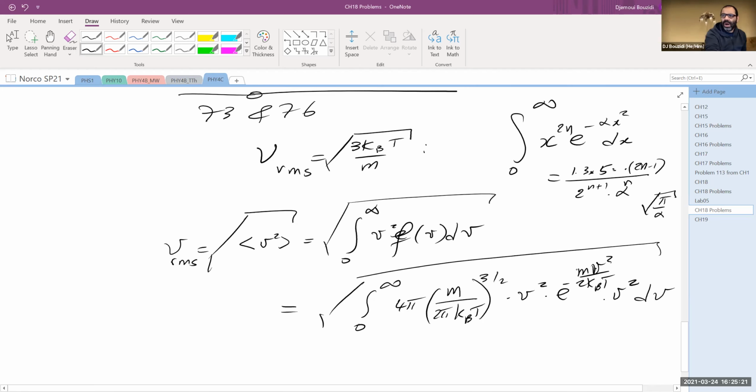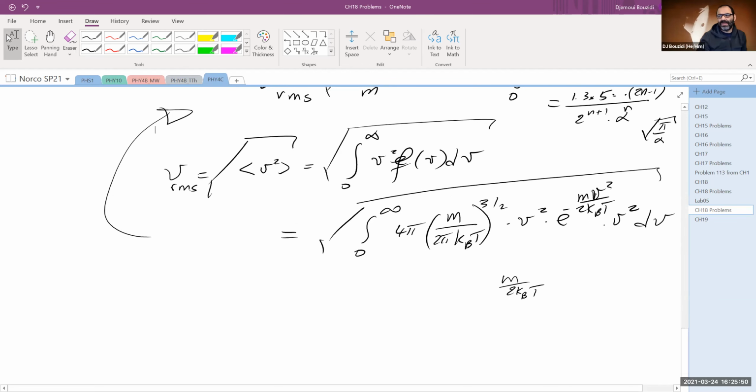Now, call m over 2 k_B T alpha, and this will become v squared and v squared, that's v to the power 4, so n is equal to 2. You apply the formula after you call this alpha, this is constant, okay? So all of this stuff will come out of the integral. You do the algebra, and you're going to get exactly that result.